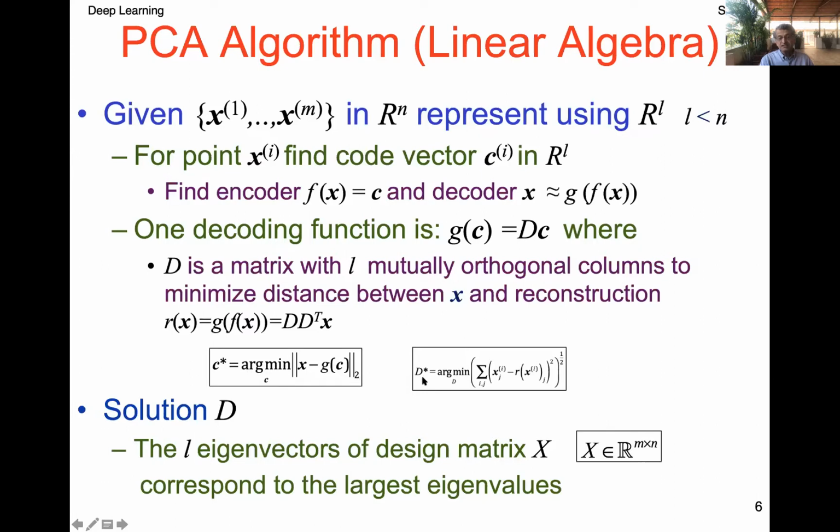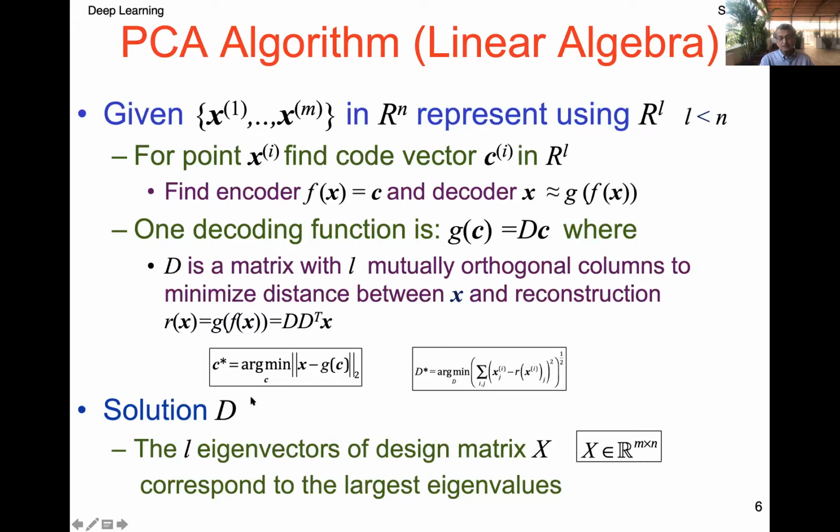That's the ideal D, one that says over all possible D's, it minimizes the norm of X minus r(X) squared, the difference between these two. I guess these two are related to each other. And this is taking the sum of squares for all these dimensions. So we get this back.